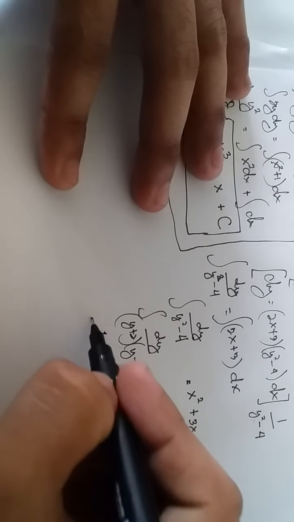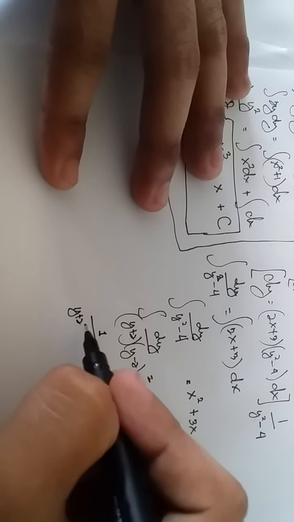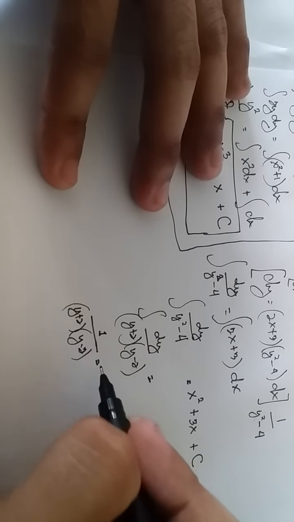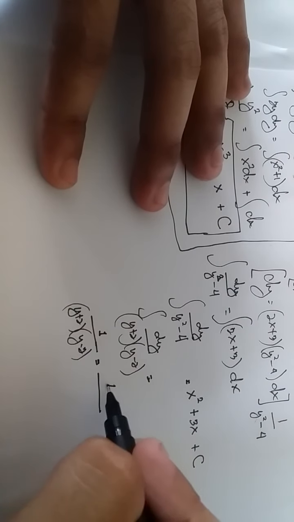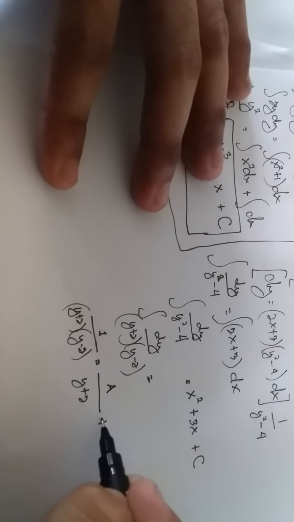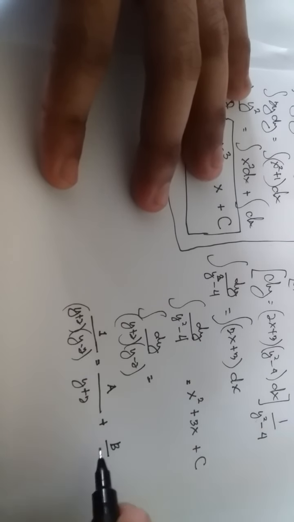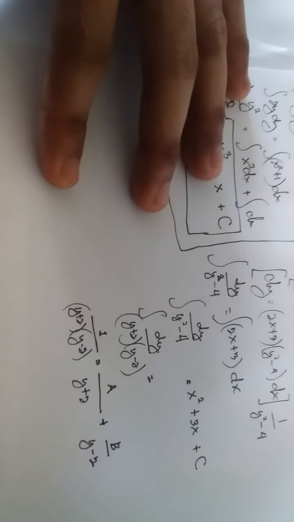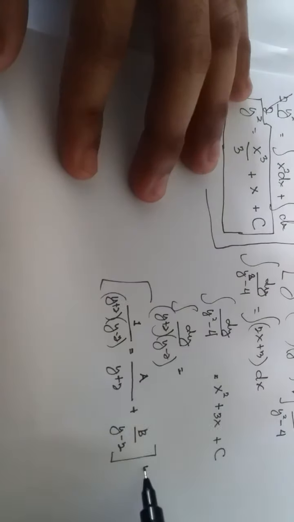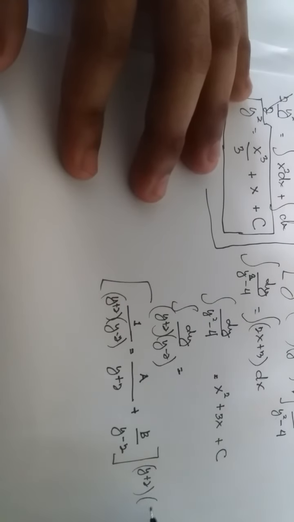We'll ignore the dy first. We factor the denominator, so we have y plus 2 with some constant a, and y minus 2 with b. Next we multiply both sides by (y plus 2)(y minus 2).